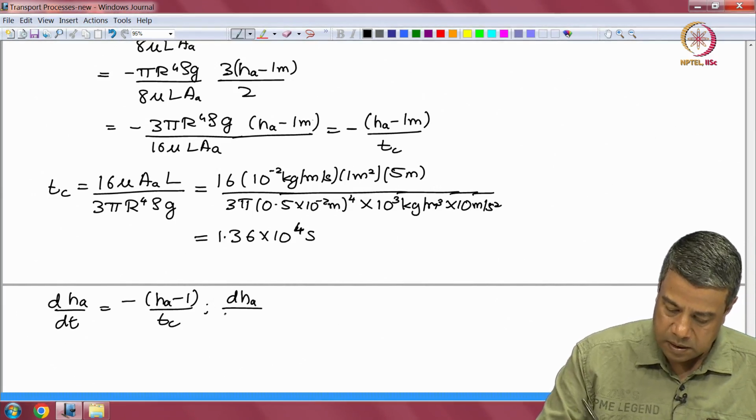dHA by HA minus 1 is equal to minus dt by Tc.